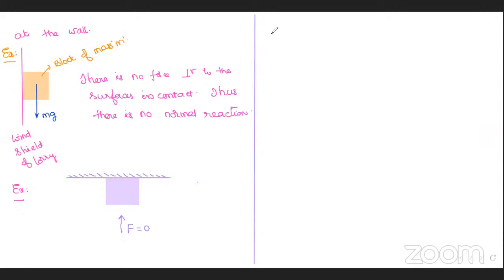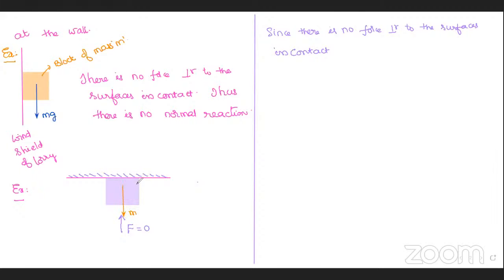Yeah, good. So here, in this example also, since there is the same explanation, there is no force perpendicular to the surfaces in contact. Here, Tapan Lakshmi Gayatri made a small mistake. She thought that there is a force perpendicular to the surfaces in contact, or weight acts downwards, sir.